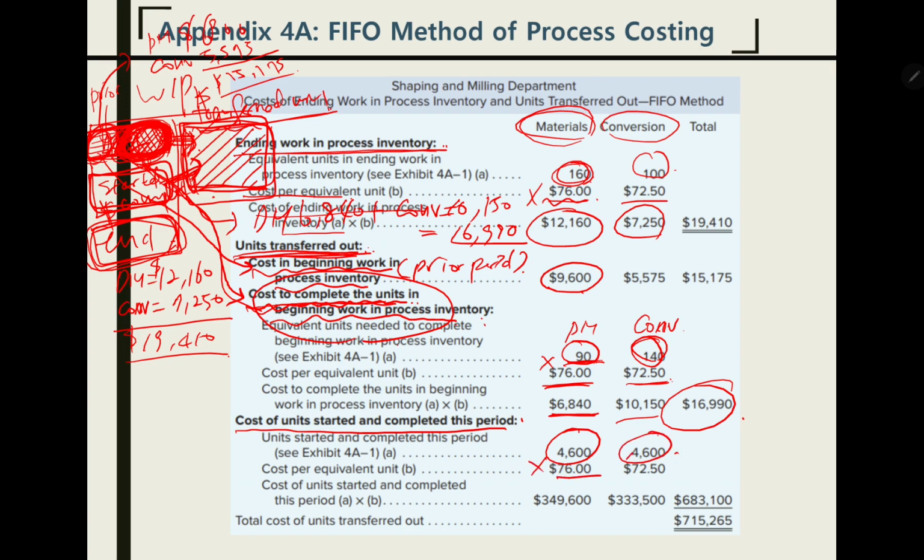We then multiply with the cost per equivalent unit. Then the dollar amount of this part is direct material 349,600 and conversion 333,500. So in total $683,100.